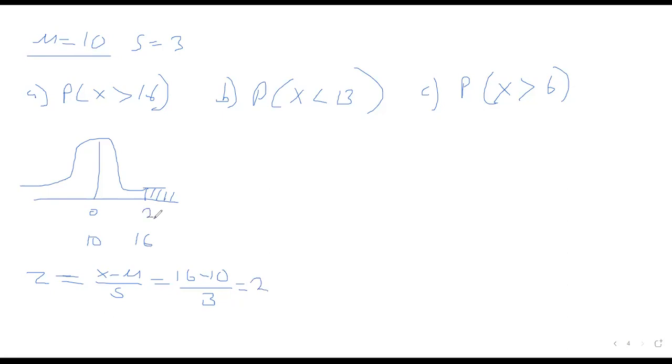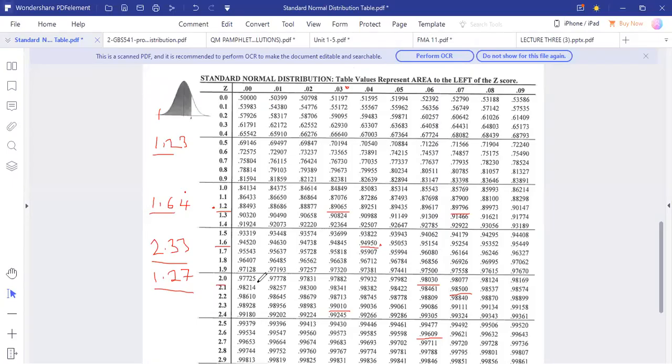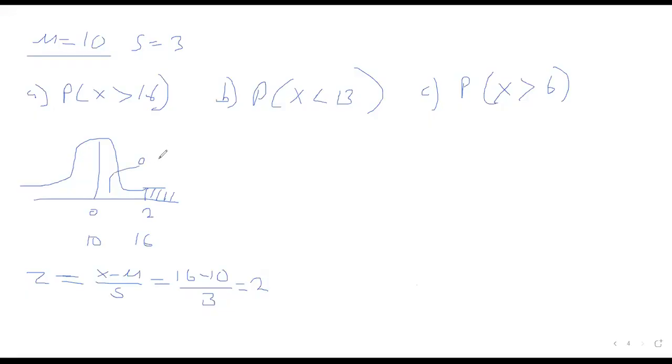So if we're checking in the table, we're going to check under 2. What is the reading for 2? When we go into the table here, we take under 2.0, 0.9772. The reading from here to here is 0.9772.